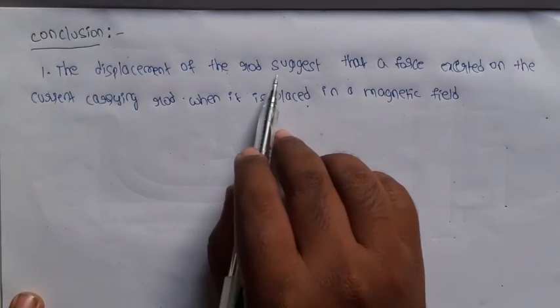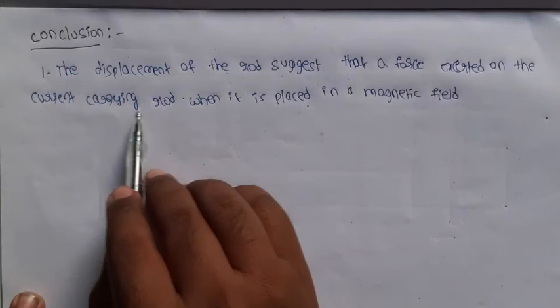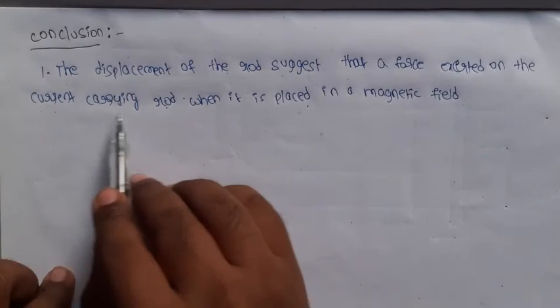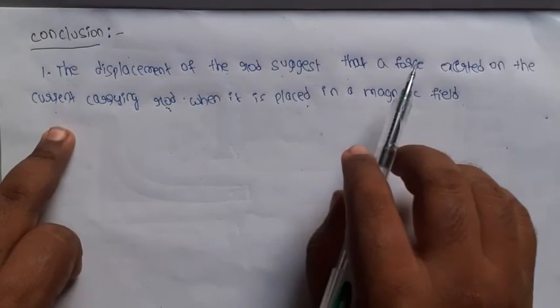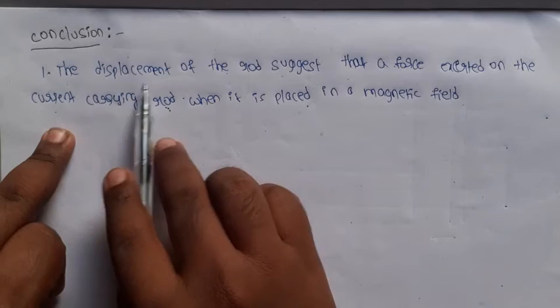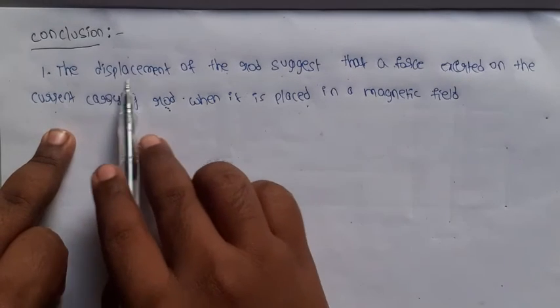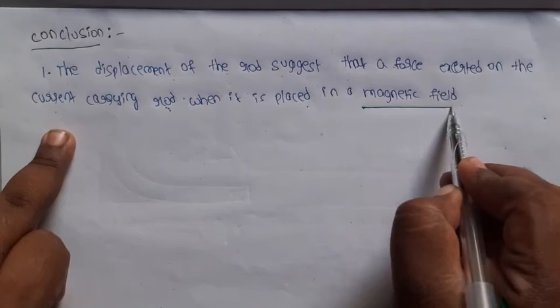The displacement of the rod suggests that a force is exerted on the current carrying rod. When current is carried by the rod, that current exerts a force. That force helps the rod get displaced when it is placed in a magnetic field.